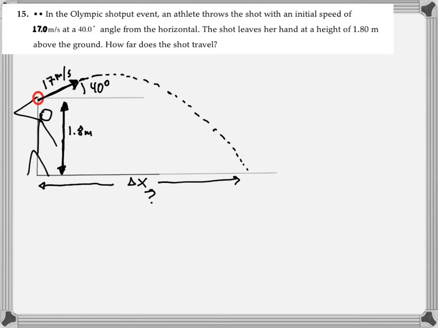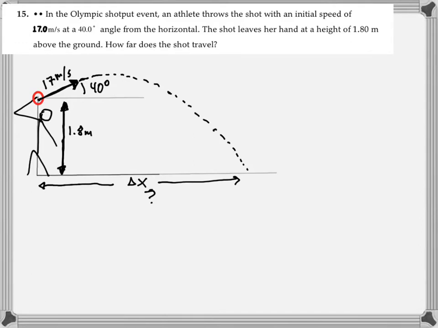So that shot, after it leaves the hand of the athlete, is going to follow a projectile trajectory. It's a projectile, so the trajectory is going to be a parabola, and the shot is going to hit the ground at a distance delta x from the athlete. And the question is, what is delta x? That is the task that you have to do in this problem. So we're looking for delta x.